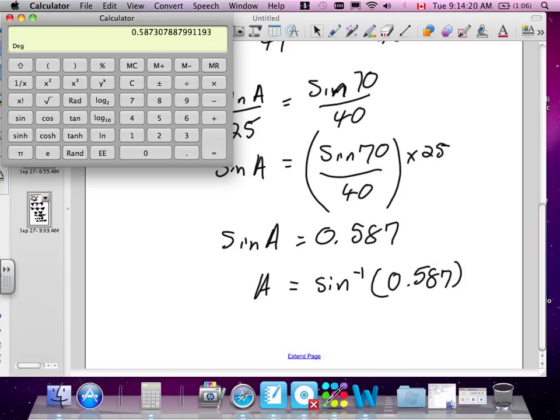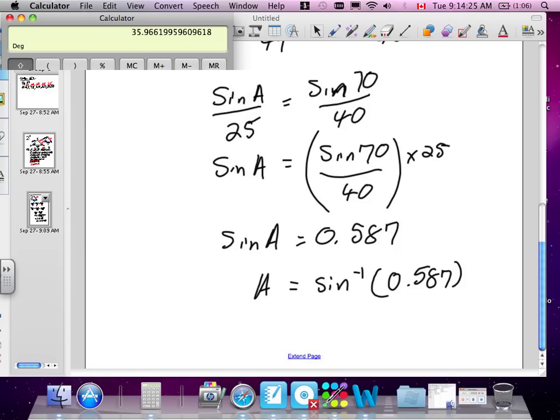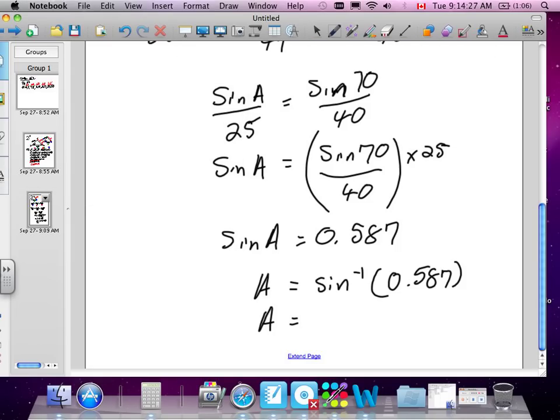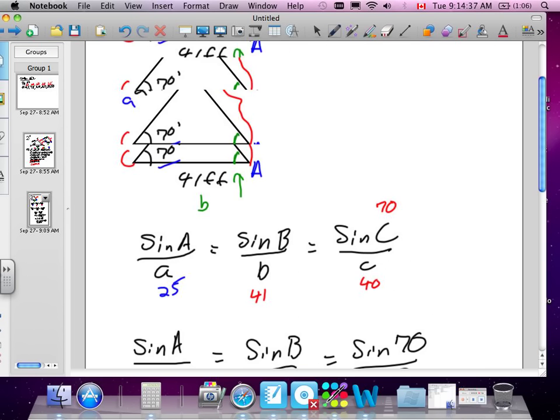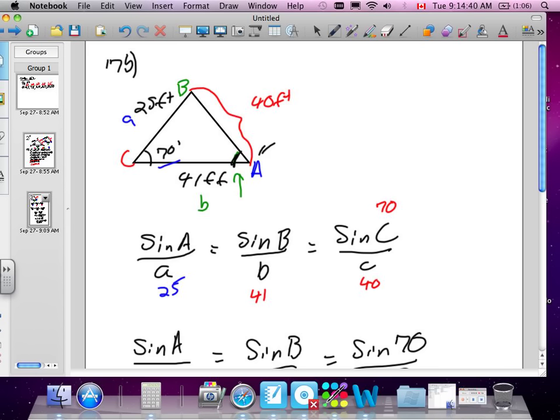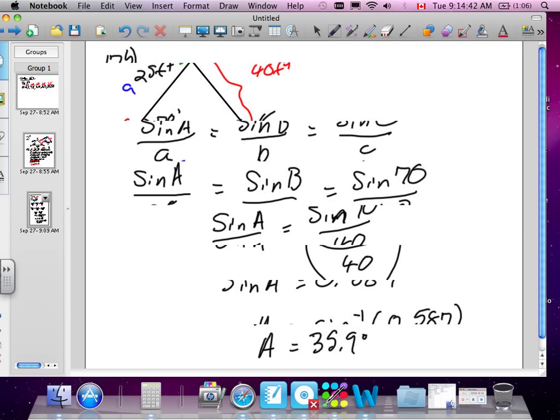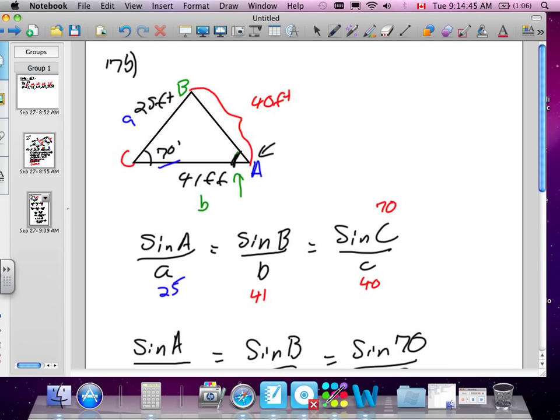So we take that, shift sine inverse, 35.9 degrees. So we've discovered that the angle of elevation in the question, I've already forgotten what is it? 35.9.